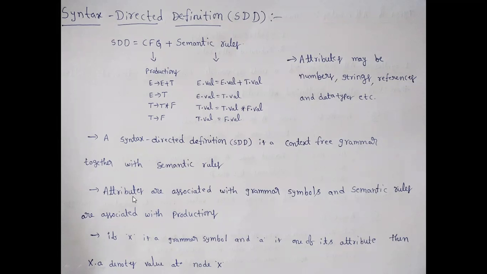So what is the second point? Attributes are associated with grammar symbols and semantic rules are associated with productions. And what is the third one?